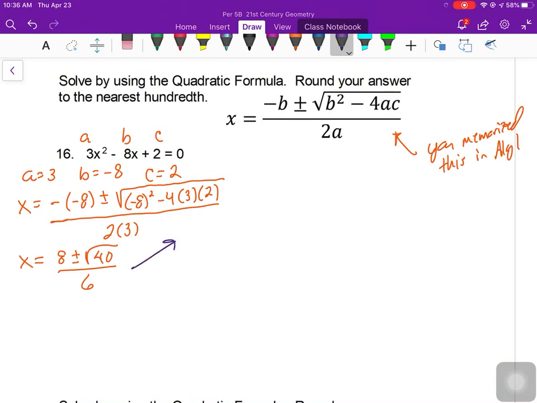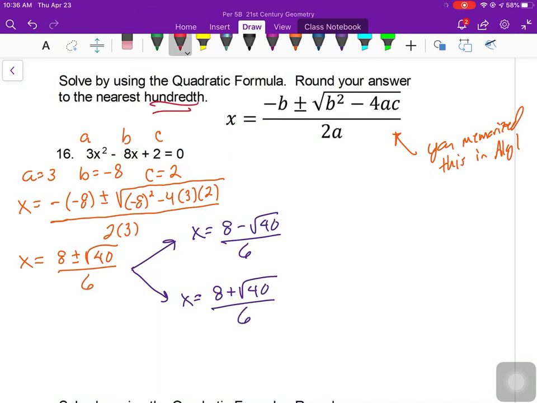The first possibility is when we use the minus sign. X equals 8 minus the square root of 40, all over 6. The other possibility is when we use the plus sign. X equals 8 plus the square root of 40, all over 6. They ask us here to round to the nearest hundredth. When you put it in your calculator, you must put a parenthesis around the whole top.